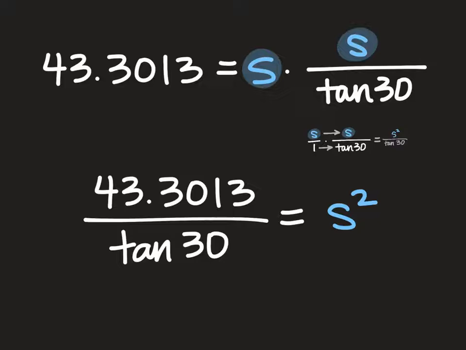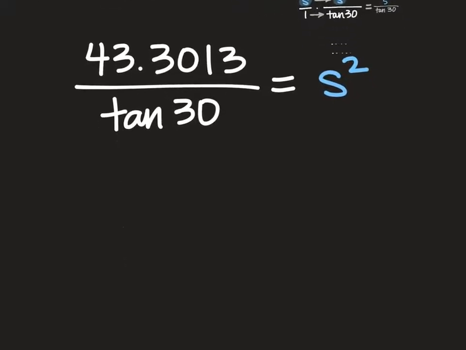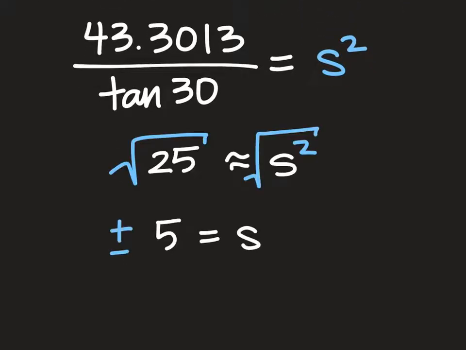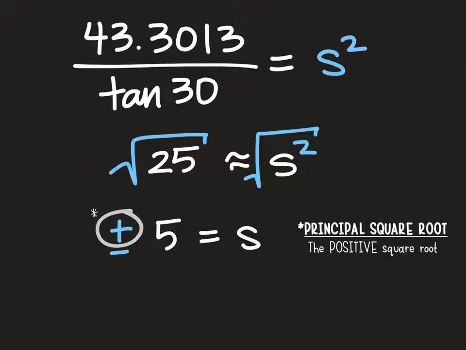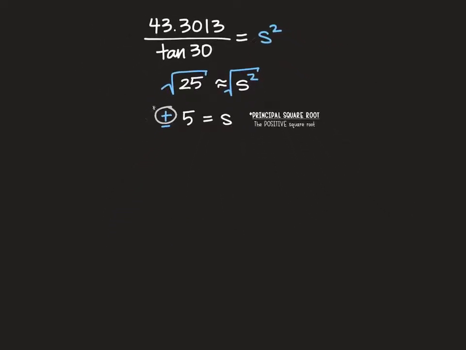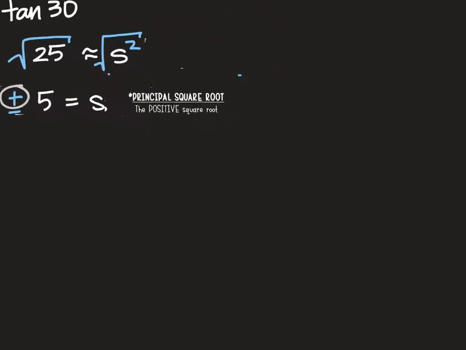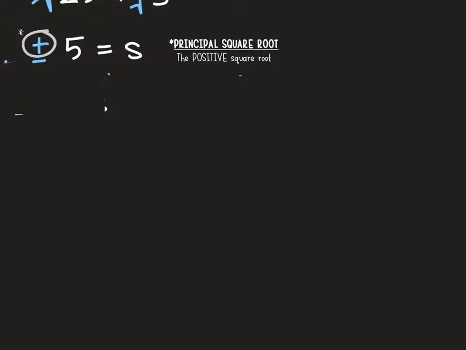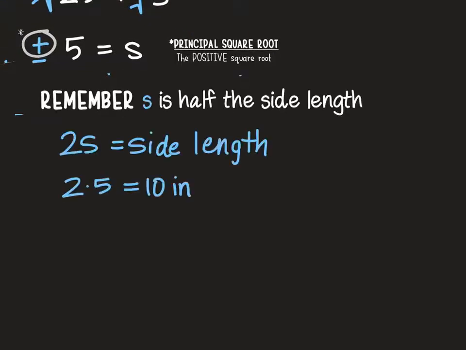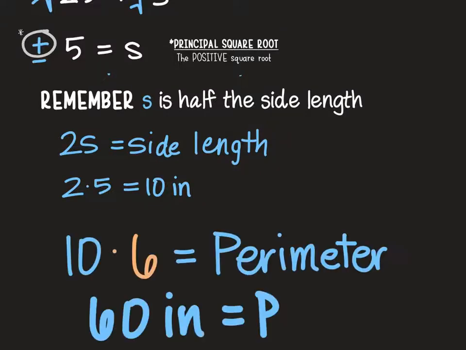Here we have a quadratic equation to solve, which would normally generate two solutions, but in this case, we'll only consider the principal square root since even a partial side length of a polygon must be positive. Now that we have the value of s, we can double it to get the length of one side of the regular hexagon, and then multiply by 6 to get the perimeter.